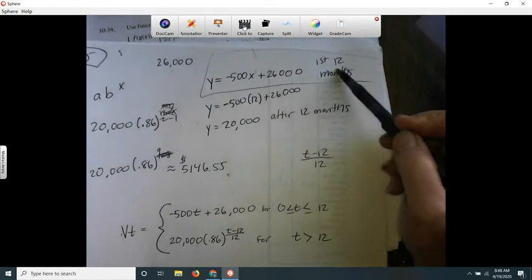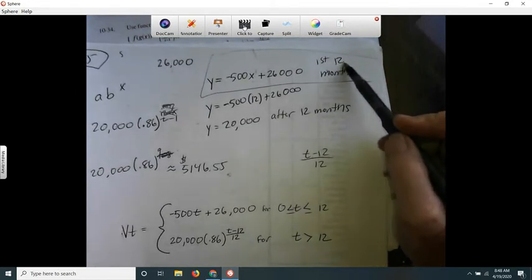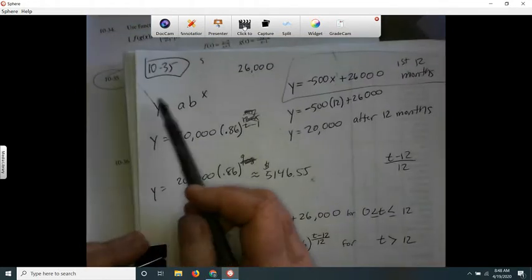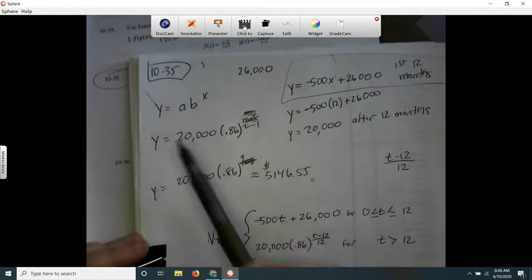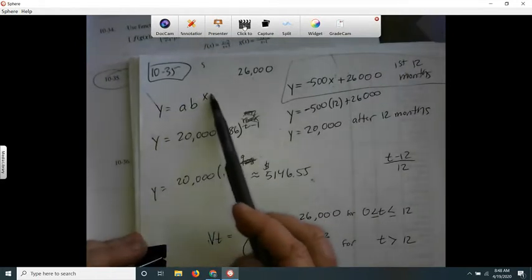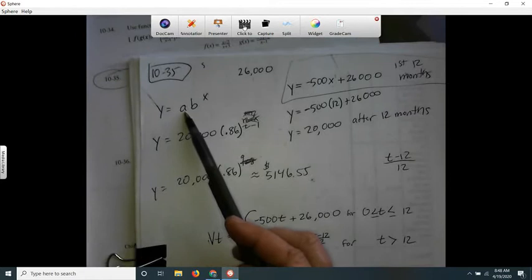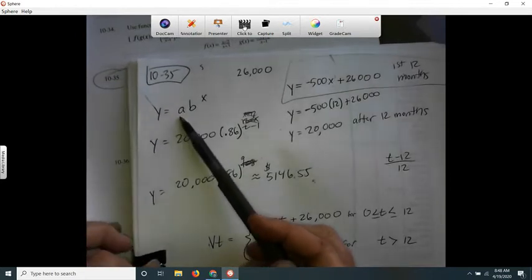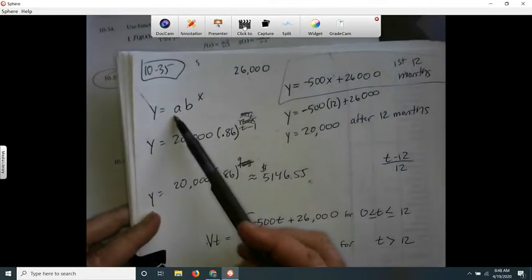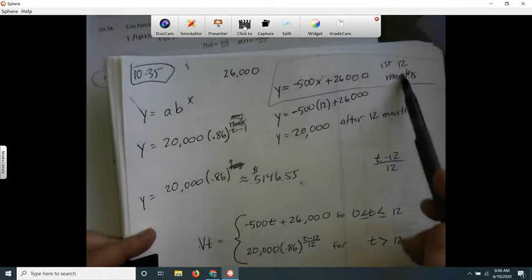Now, after the first 12 months, I see that it is exponential. So I start out with y equals a times b to the x, but I didn't know what a was, because this is going to start at the 13th month, after the first 12 months.